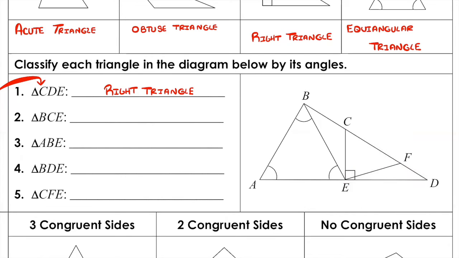All right, the next one. BCE. So we go B to C to E. What do you think? Obtuse. It's an obtuse triangle.